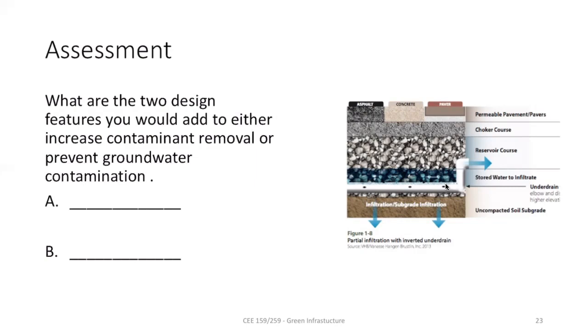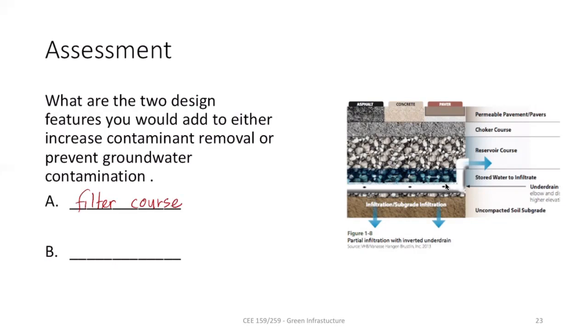Think of what layer improves contaminant removal. The reservoir course is not necessarily removing contaminants. Yes, so you want to add the filter course. So that's one way you can improve contaminant removal.